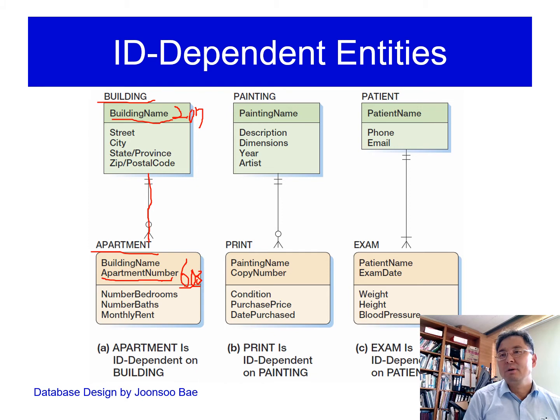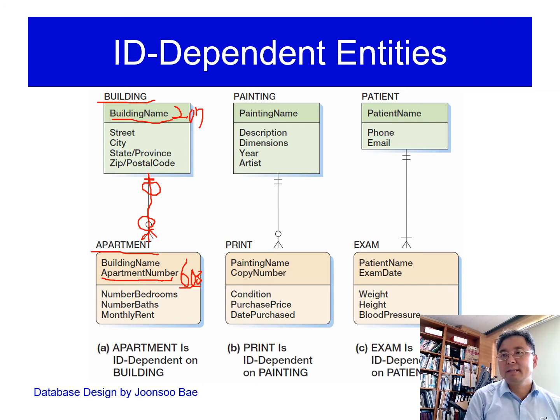Also the parent side must be maximum cardinality 1, and minimum cardinality is mandatory here. But on the ID dependent entity side, the maximum cardinality may be multiple, and the minimum cardinality may be optional.